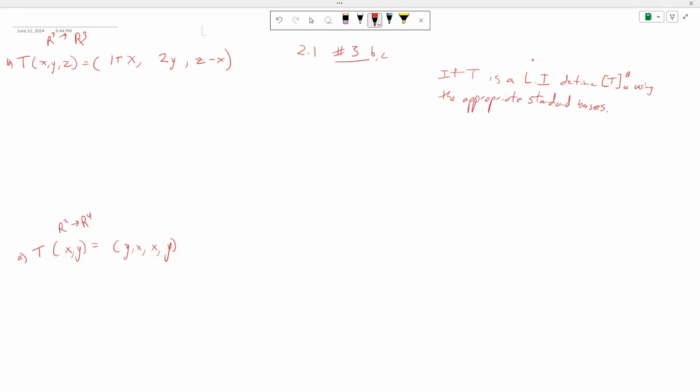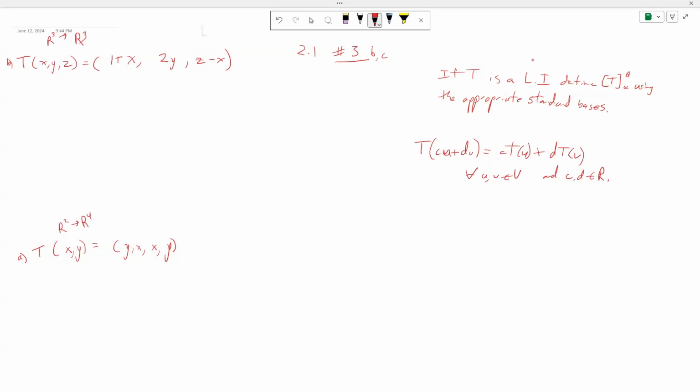So to prove linear transformations, we need to show that T of cu plus dv equals cT(u) plus dT(v) for all u and v in my vector space V, which is the input vector space, and c and d in my field, which in this case is going to be R. Because of this, we need to pick a generic thing and try to show the left side equals the right side.